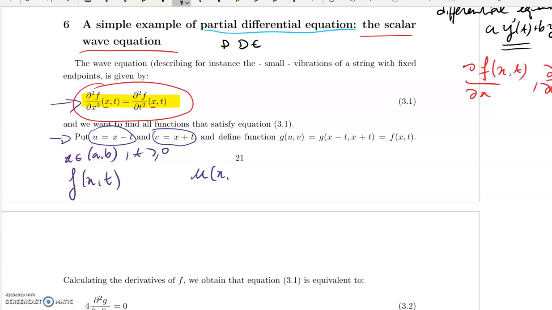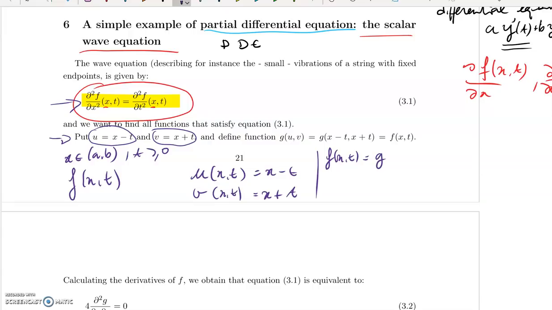Let's say we define our new variables u and v. u of x, t is going to be x minus t, and v of x, t is going to be x plus t, right? That is D'Alembert method. So that we have some new functions, f of x, t.